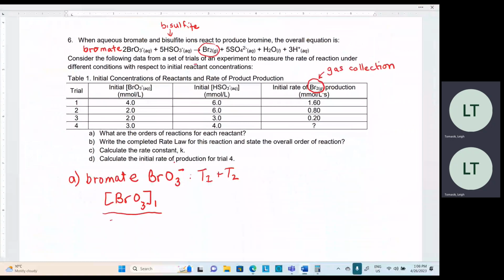I know how much most people hate fractions, even though they've done nothing to you. So we're going to find the proportion of the concentrations and compare that to the proportion of the rates.